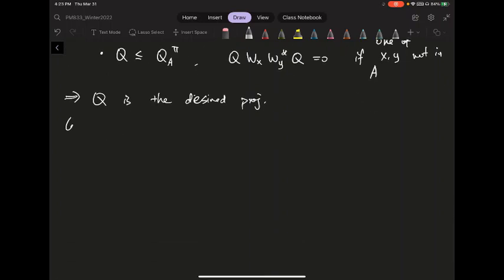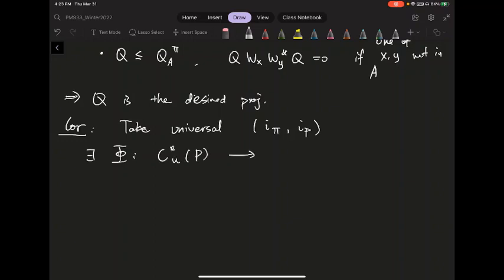As a corollary, if you take the universal representation, which we sometimes write as i_pi and i_P, the universal covariant representation, then there exists a big map phi from the universal C star algebra to the diagonal algebra, which we know is isomorphic to D lambda. Basically, what it does is kill off the off-diagonal entries.